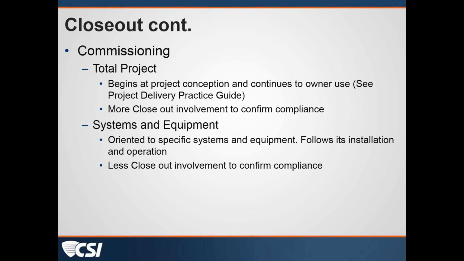In this scenario, the commissioning is oriented to specific systems or equipment, particularly HVAC in my experience, and it is to assure that the instructions and operational requirements for a particular manufacturer are followed during the process of installation. And there's less closeout involvement to confirm compliance in this sort of commissioning, because that has been the specific piece of what the commissioning agent did on that particular system.